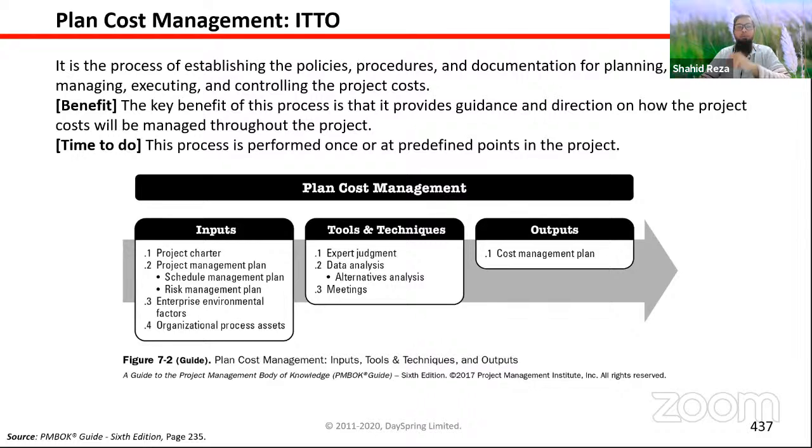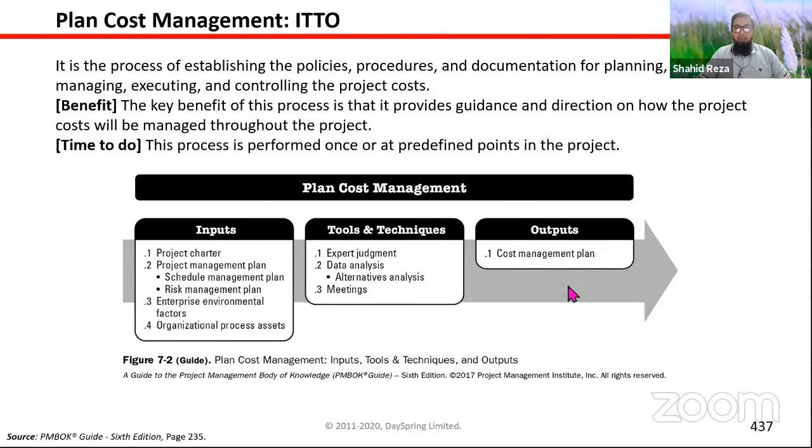So all government purchase is done following the PPR. Similarly, if you are working in a private organization, any purchase you do there also needs to follow the guideline of the organization. You cannot break or skip that guideline. If you skip it, you will be in trouble, right?